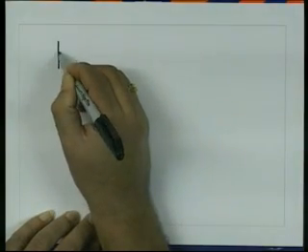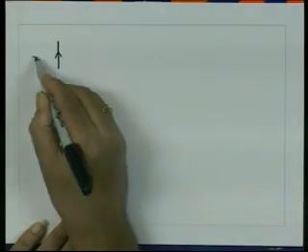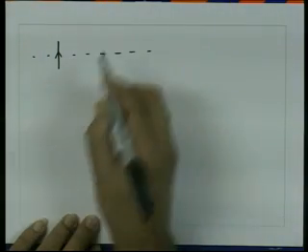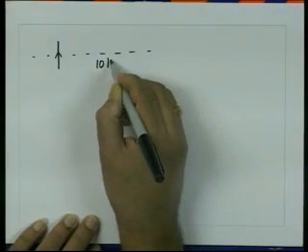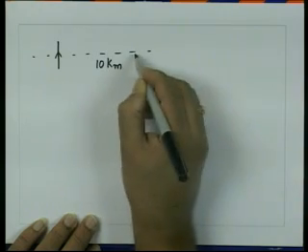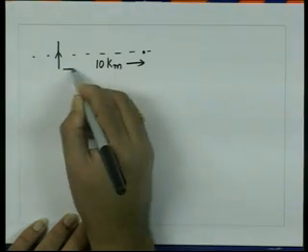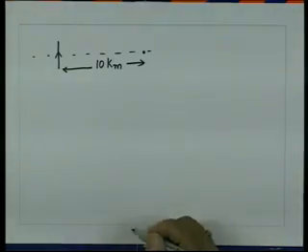So, the problem is we have the Hertz dipole here, the horizontal plane which is passing through this, which will be this. So, at a distance of 10 kilometer in this direction, you have to find out the electric field.